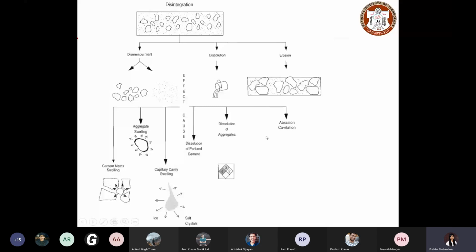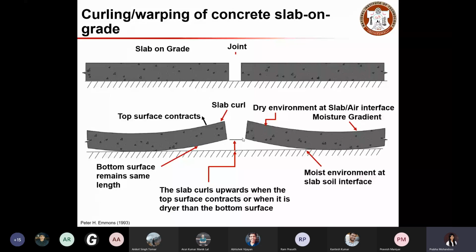So in the last class I was mentioning the significance of drying shrinkage. When your surface is getting dried, that tends to shorten, whereas when it is subjected to different temperature conditions, when your concrete is heated, that tends to expand. So under high temperature, that will lead to expansion, whereas when your concrete is getting dried, that will lead to shortening.